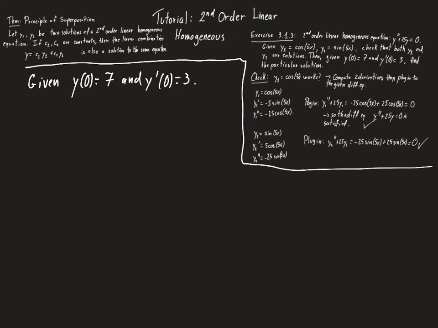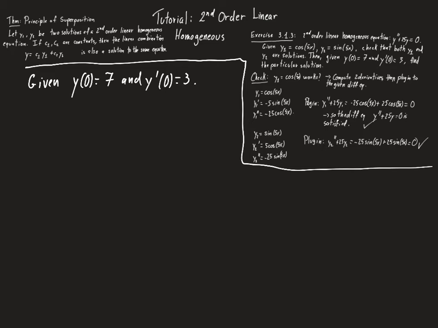Recall that because this is a second order differential equation, we need 2 initial conditions to get a unique particular solution. You are asked to find the particular solution of the differential equation that satisfies these 2 initial conditions.